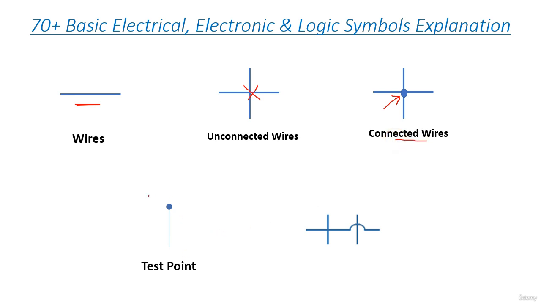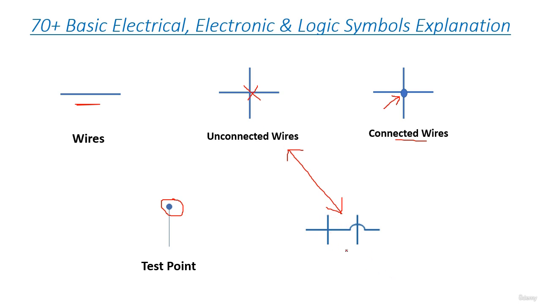Okay, here this is the symbol of a test point. We have a small circle at the end of this line, which means this is a test point, okay? This is the same logic or same principle as this, as you see, okay? So this is an unconnected wire.